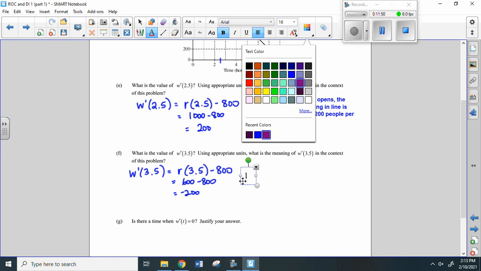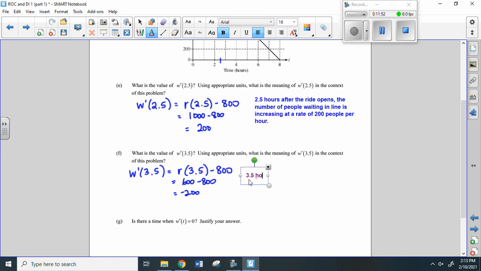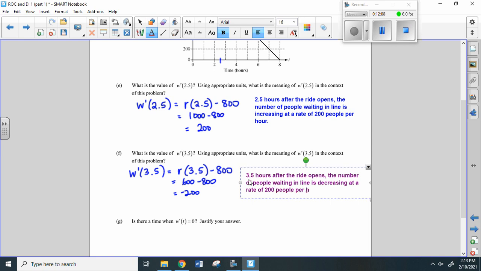I'm going to start by saying 3.5 hours after the ride opens, the number of people waiting in line is, well, since it's negative, we're going to say decreasing at a rate of 200 people per hour. Okay? All right, and then G says, is there a time when W prime of t equals 0?